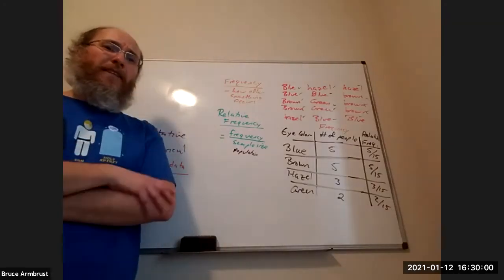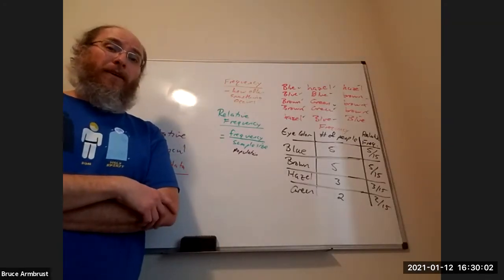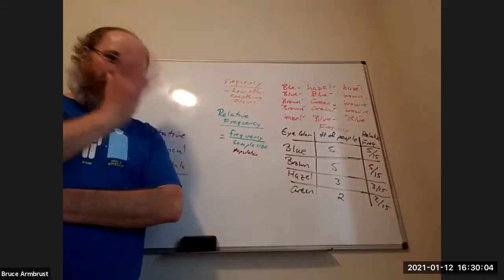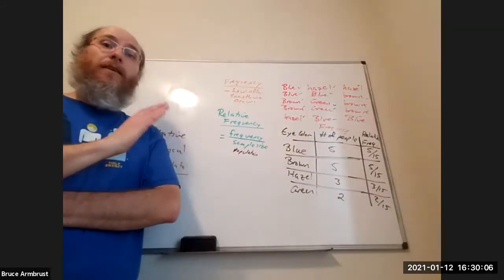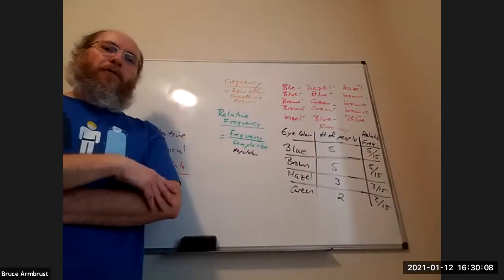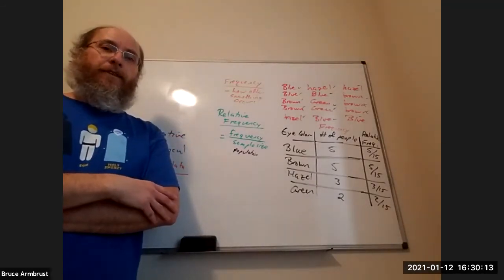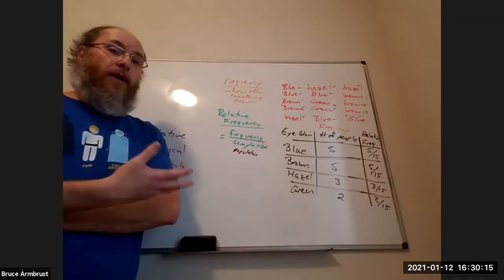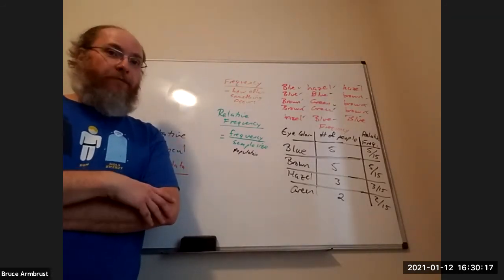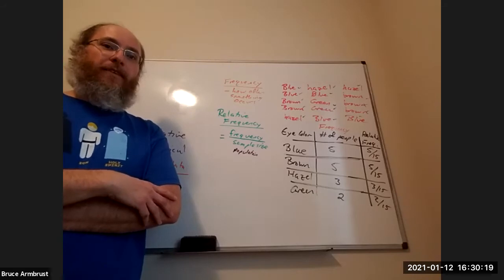Think about all the statistical studies you hear about all the time, right? Especially during election cycle. It just got over. They do things like, well, 47% of people favor candidate A. They just gave you a relative frequency, that 47%.